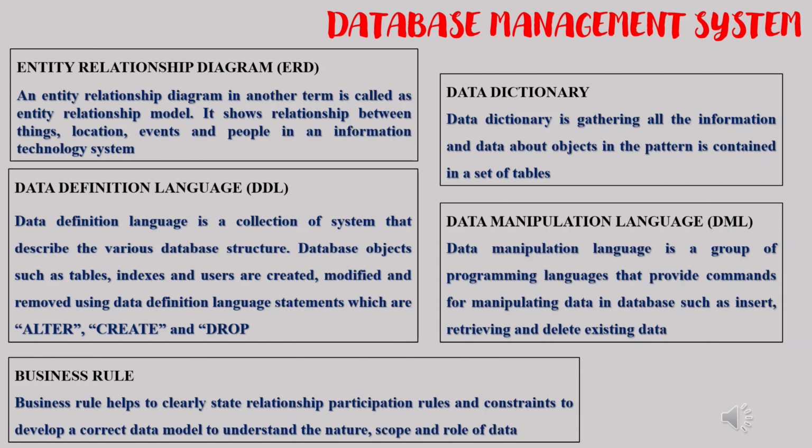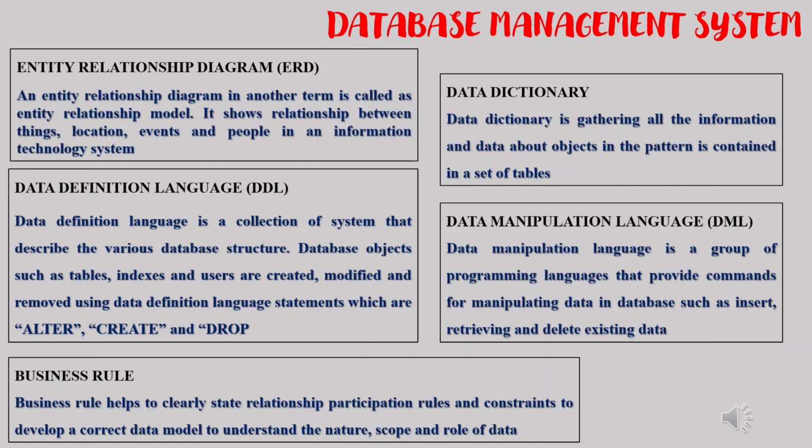Next is the database management system. There will be 5 components used in this project. First is the ERD. It shows relationships between things, locations, events, and people in an information technology system. Next is the DDL, where tables, indexes, and users are created, modified, and removed using data definition language statements, which are alter, create, and drop.